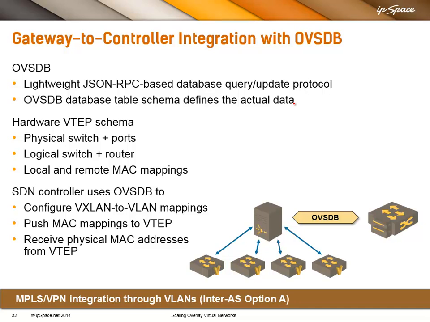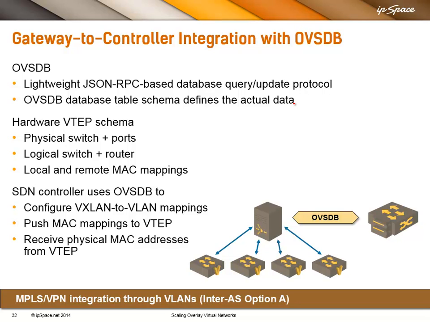Now, how would you integrate your gateway with the SDN controller with OVSDB? Let's go into what OVSDB is first. It's actually just a database query and update protocol. There are OVSDB schemas that define the tables that you need to describe, for example, a physical switch.